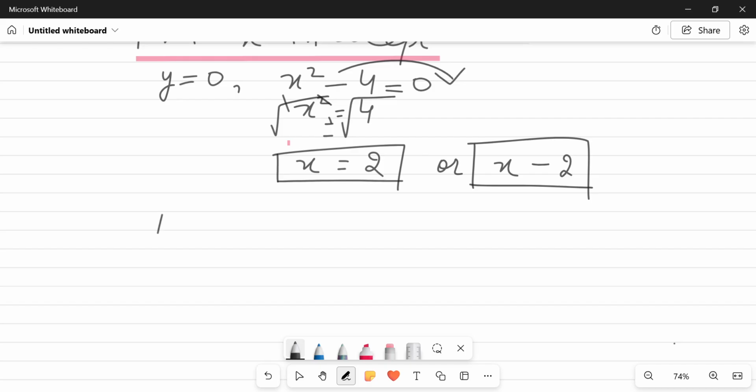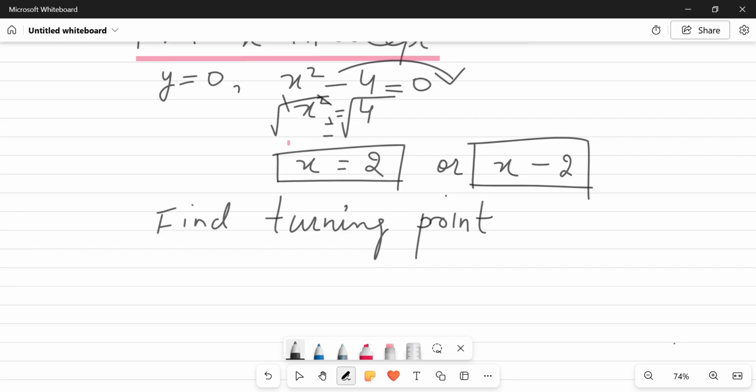So just write the heading here. Find turning point, right? So how are you going to find out the turning point? When we compare y is equal to x squared minus 4, right?